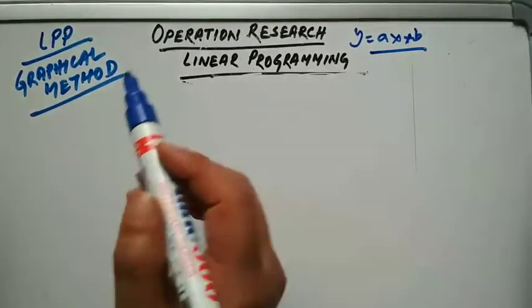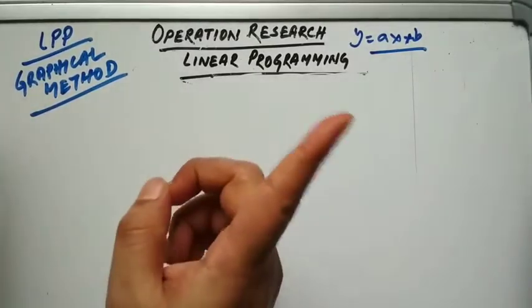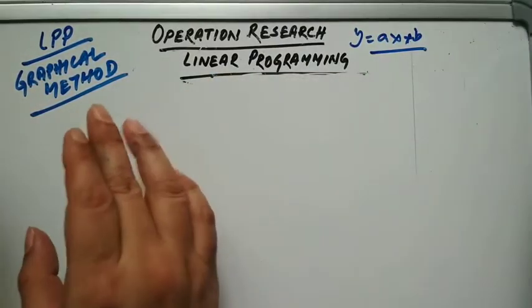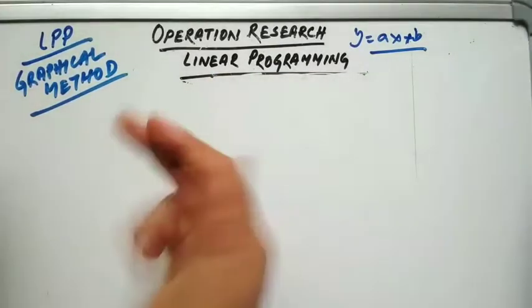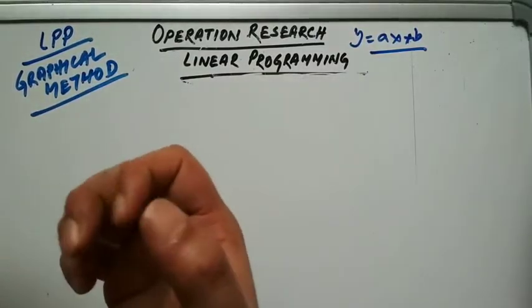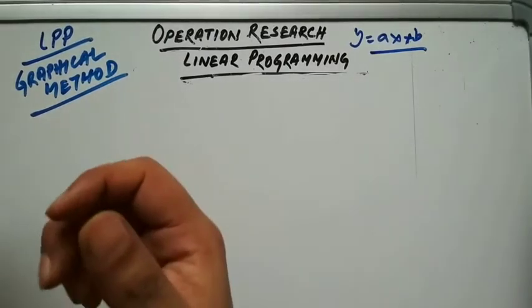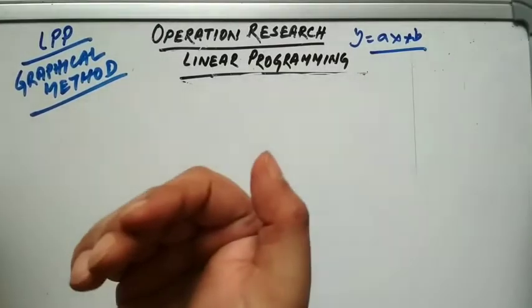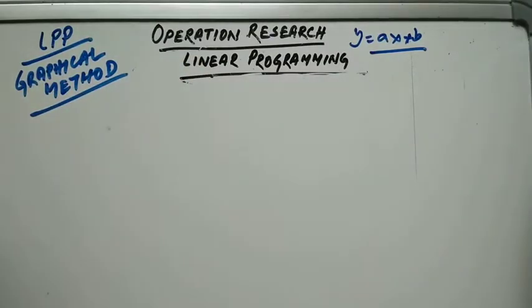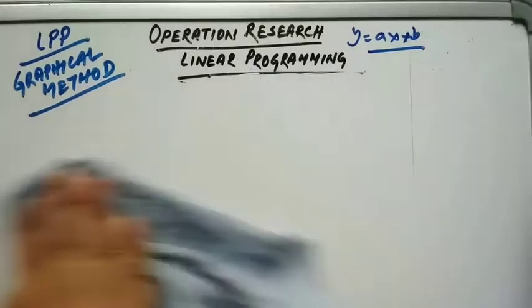We have the graphical method and the simplex method also in your syllabus. So today we'll be having the graphical method. Next day we'll be solving with the simplex method. The simplex method is a bit lengthy one, but we have to use it because this graphical method has some limitations. What are the limitations? That is very important, you should know before solving this particular problem.